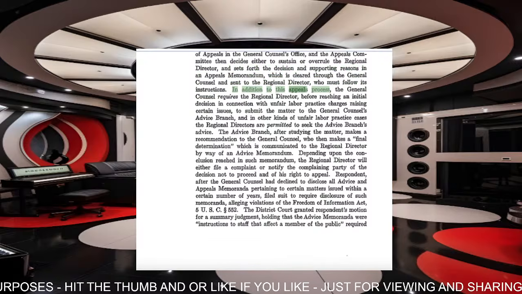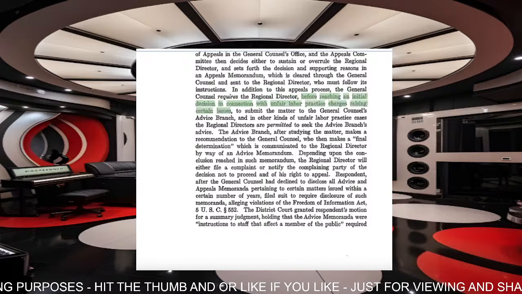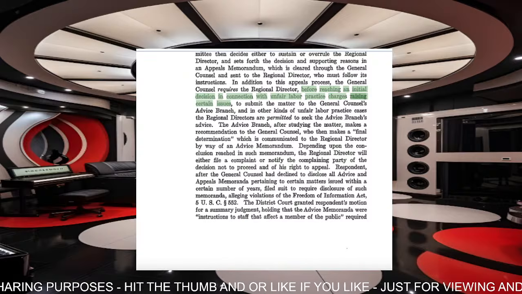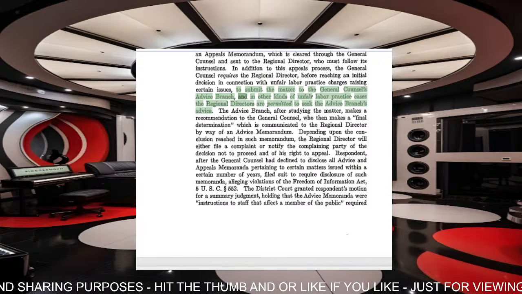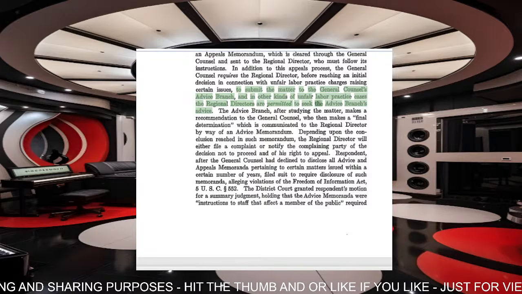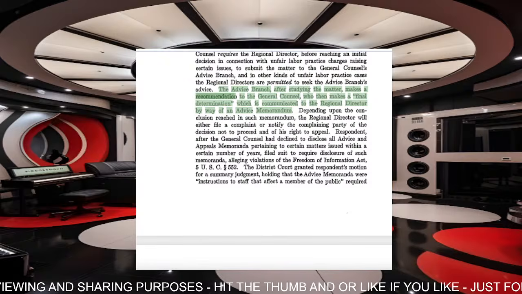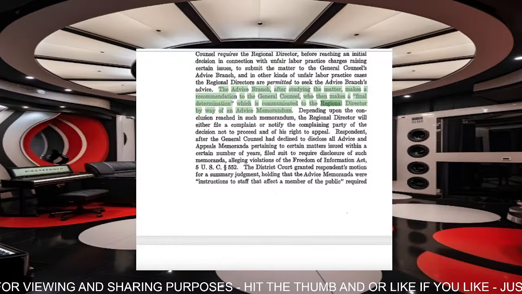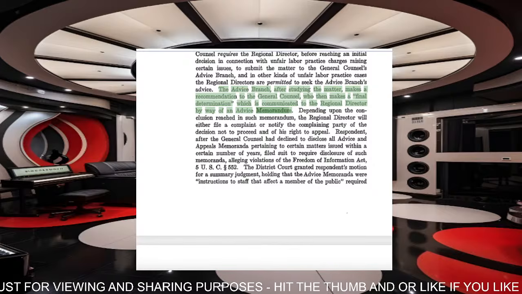In addition to this appeals process, the General Counsel requires the regional director, before reaching an initial decision in connection with unfair labor practice charges raising certain issues, to submit the matter to the General Counsel's advice branch, and in other kinds of unfair labor practice cases, the regional directors are permitted to seek the advice branch's advice. The advice branch, after studying the matter, makes a recommendation to the General Counsel, who then makes a final determination, which is communicated to the regional director by way of an advice memorandum.